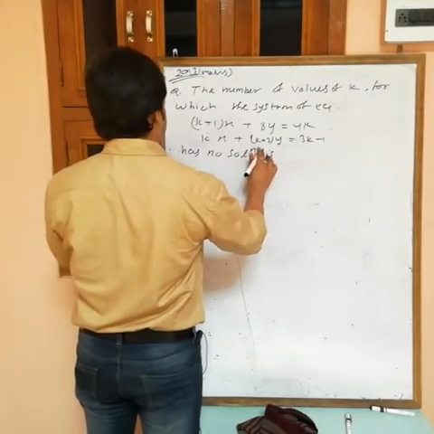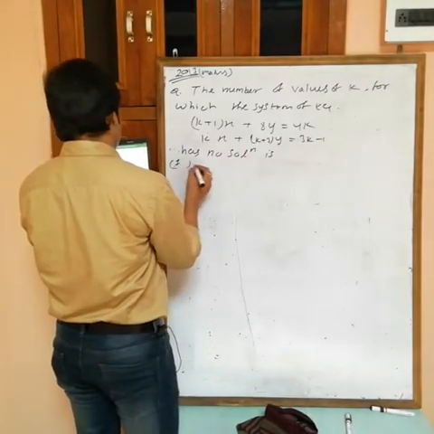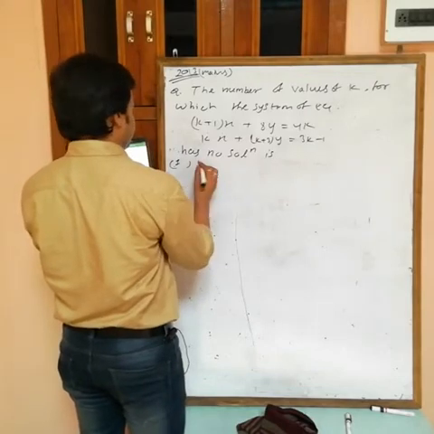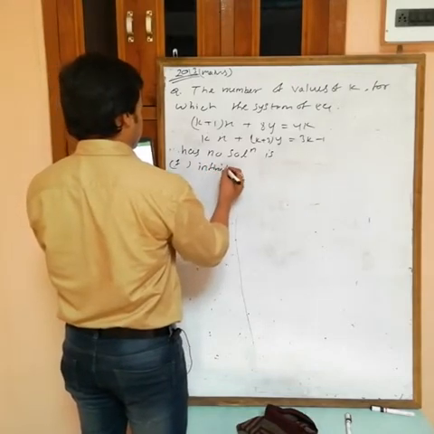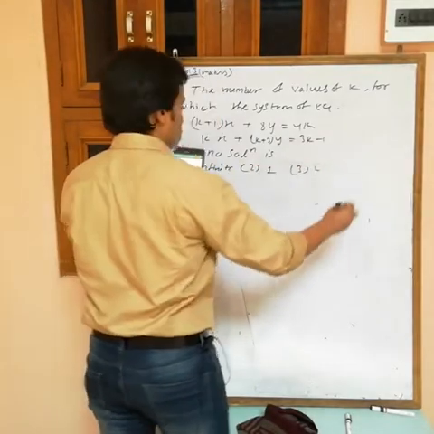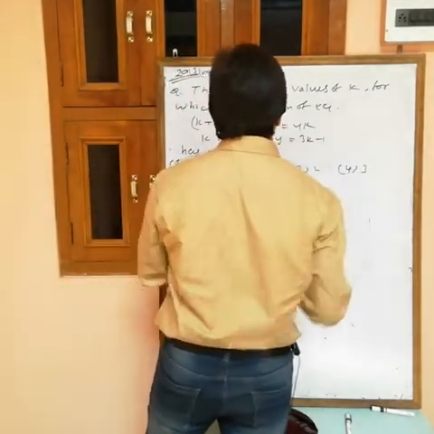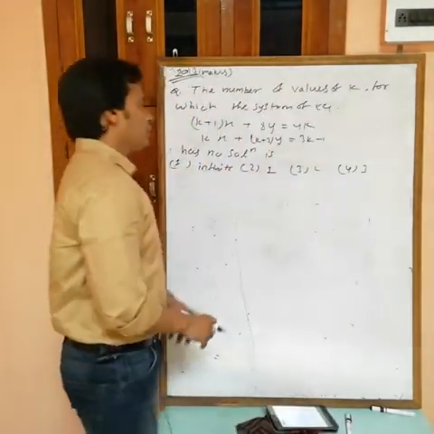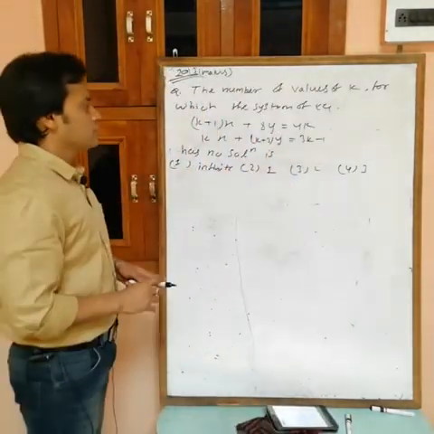Options are infinite, second one is 1, third one is 2 and fourth one is 3. How many values do we get for k such that the system of equations has no solution?